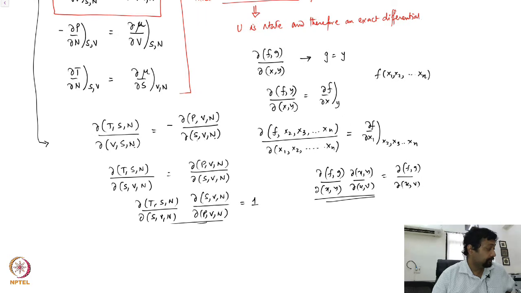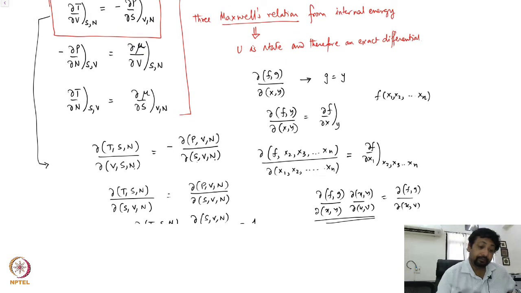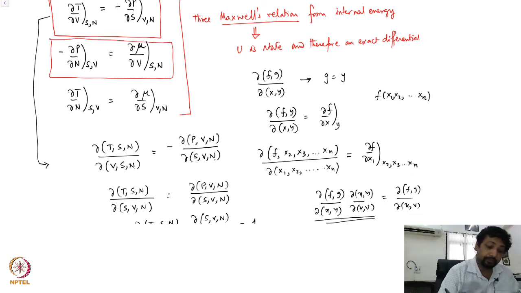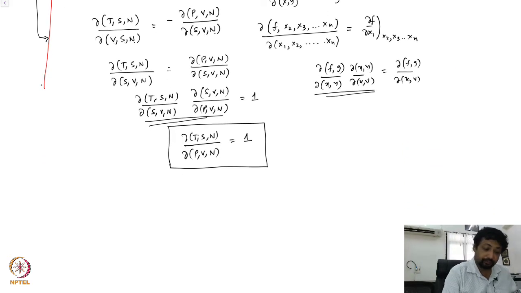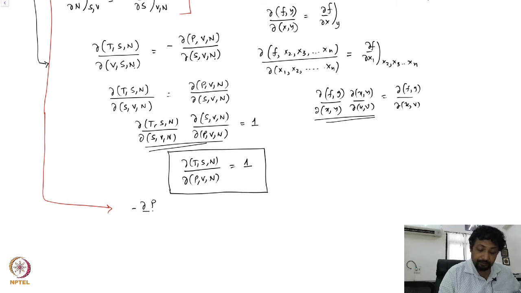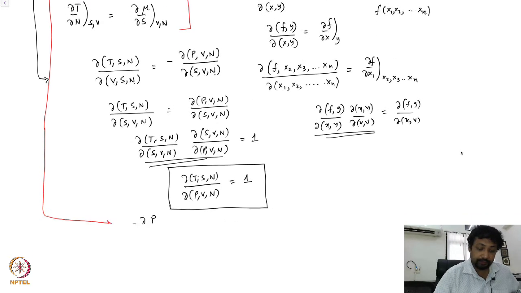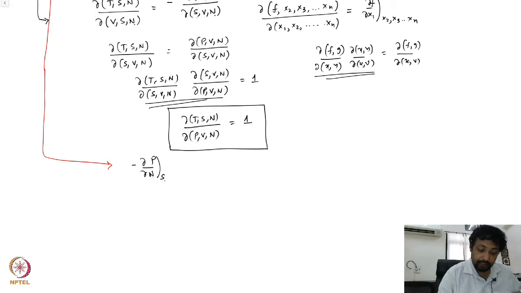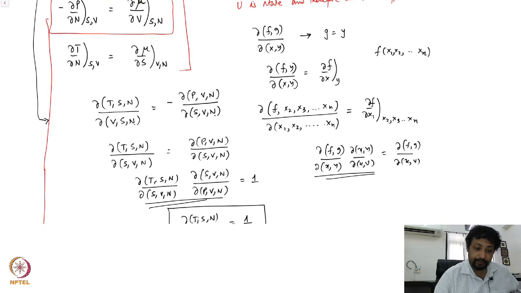What about the second one? The second Maxwell's relation is minus del P, del N at S comma V is equal to del mu, del V at S comma N. Right?